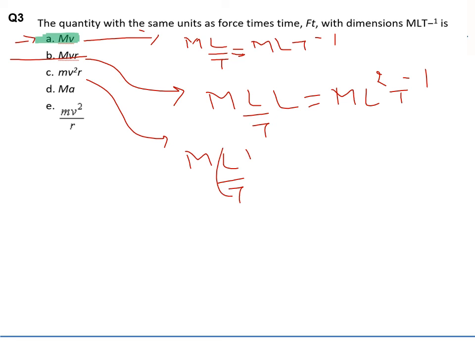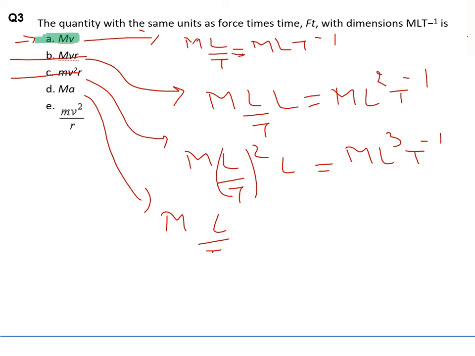So L over t raised to the power 2 and L. So that means this has ML³T⁻¹. That is again not the answer. D part, ma. So your mass and acceleration is L over t raised to the power 2. That means MLT⁻². So that is again not the answer.